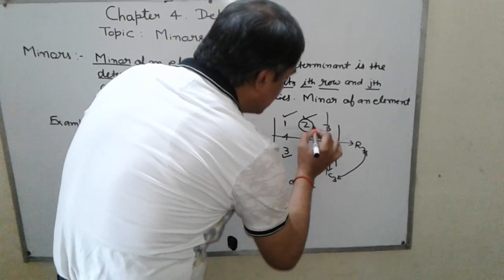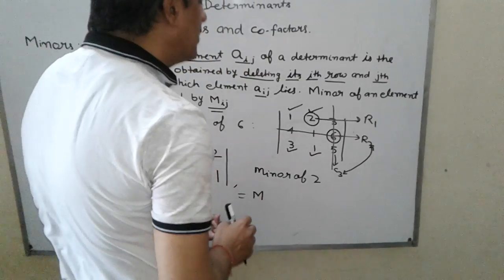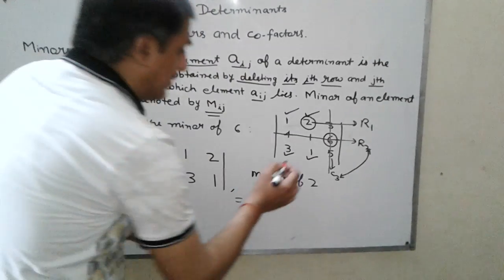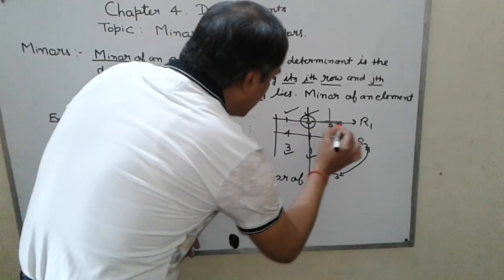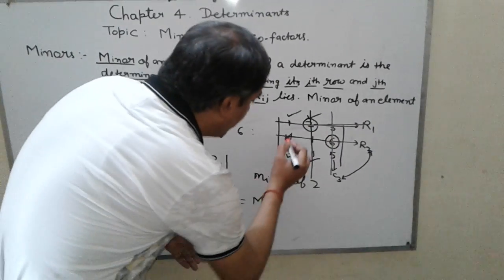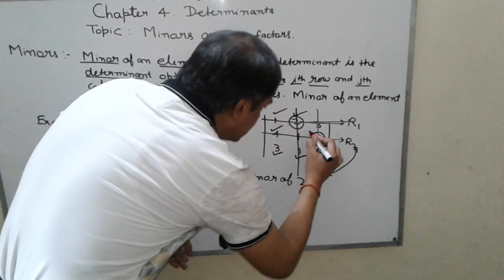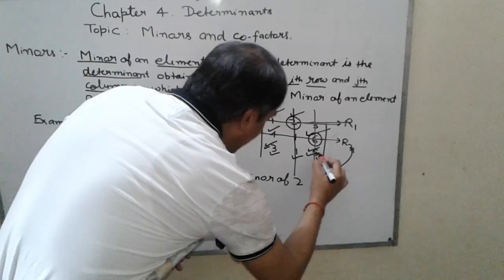This element lies in the first row and second column. After deleting the first row and second column, how many elements do we have? We have 4, 6, 3 and 5.